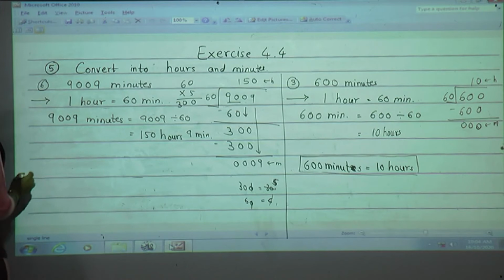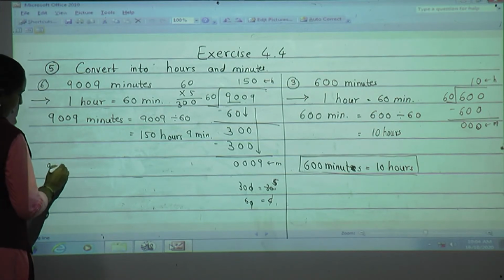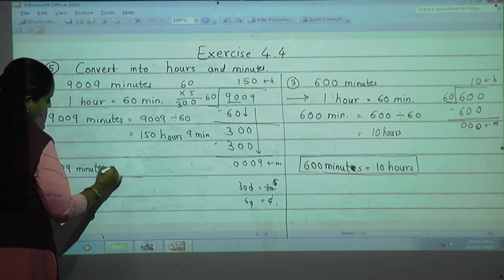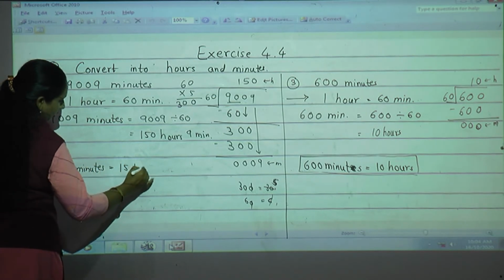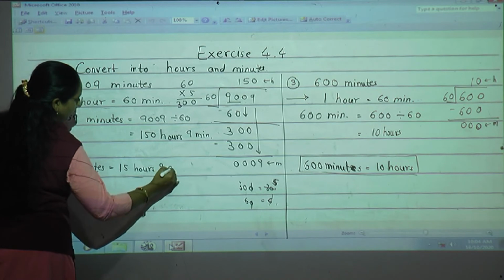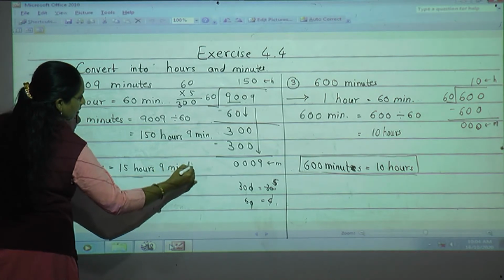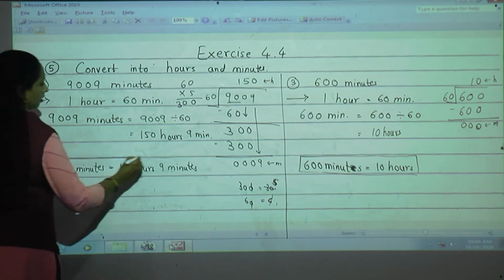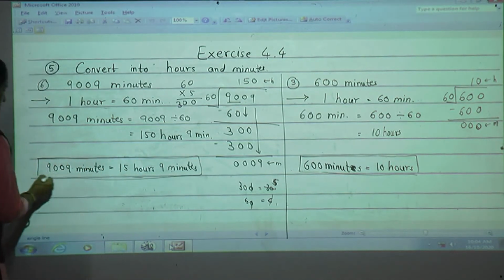So write once again the question. 9009 minutes is equal to 150 hours and 9 minutes. Okay, do the bracket with pencil and scale. Clear till here? Very good.